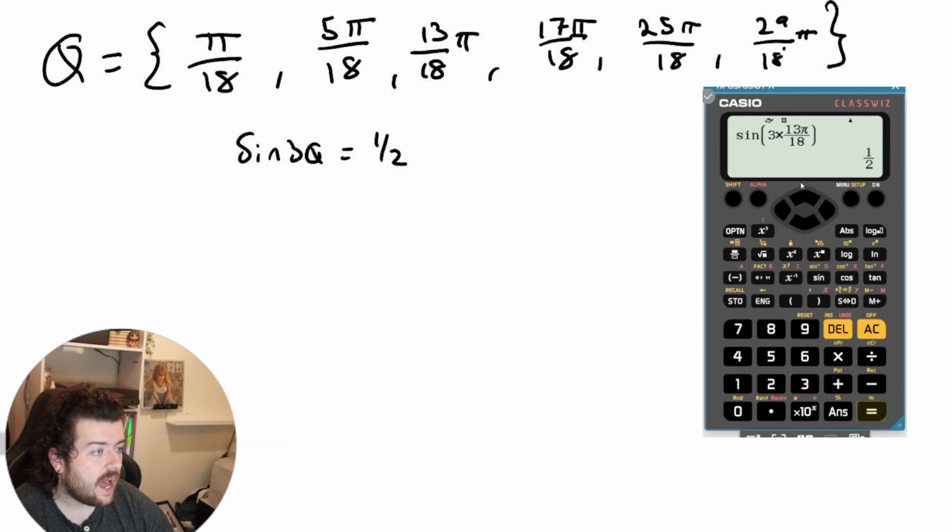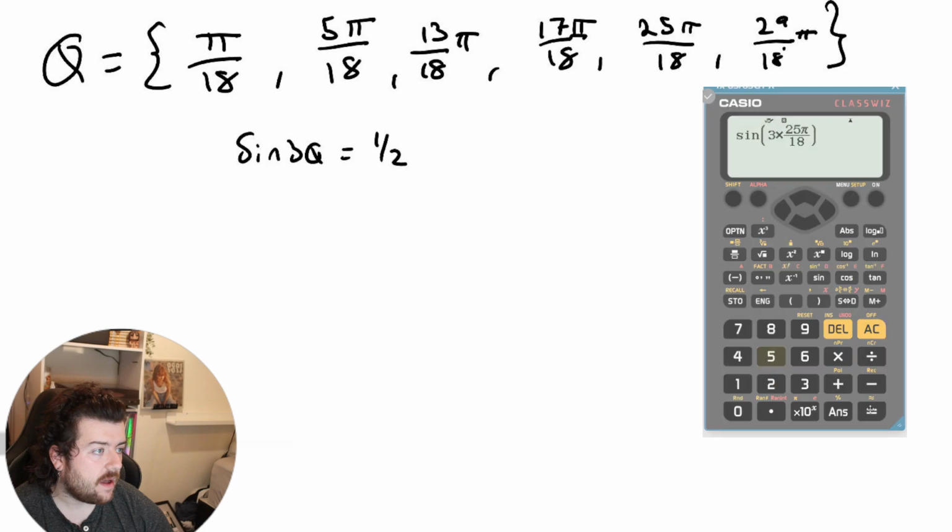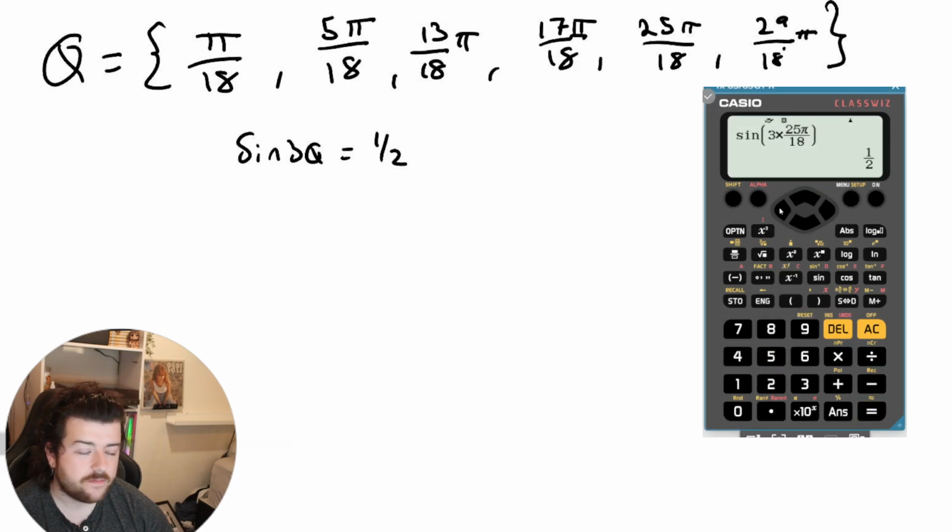That should give me a half. Gorgeous. 17 pi over 18 is a half. 25 pi over 18 is equal to a half. 29 pi over 18 is equal to a half. So all of my solutions work, and that's it.